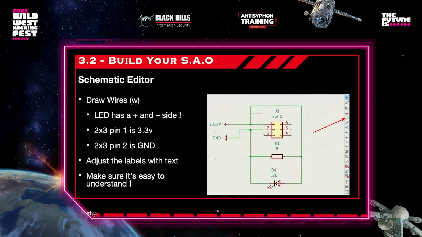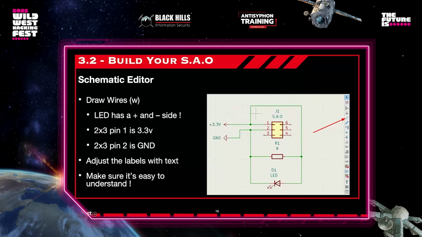And then you can start building the schematics, adding wires. Make sure to read the component documentation. For example, the LED has a plus and minus side, so make sure to plug that in the right way.